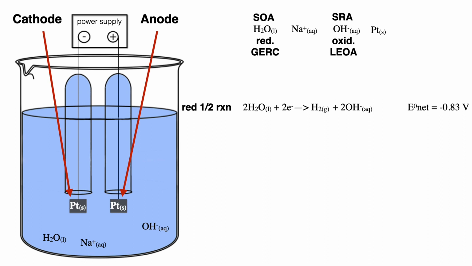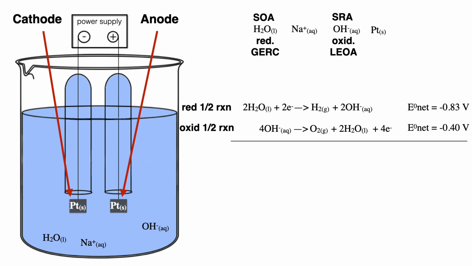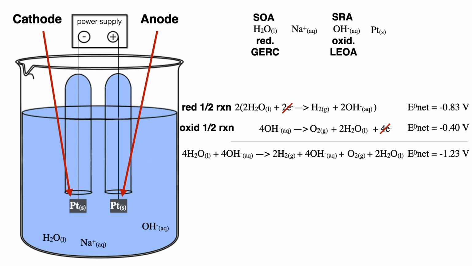It gets oxidized, that's my anode reaction. All right, and I flipped the reaction, I flipped the sign. Okay, I add everything together after I balance. And I get all of that, negative 1.23 volts. And then if you'll notice, I can actually cancel my hydroxides. I can cancel a couple of waters there, which cancels 2 over there.